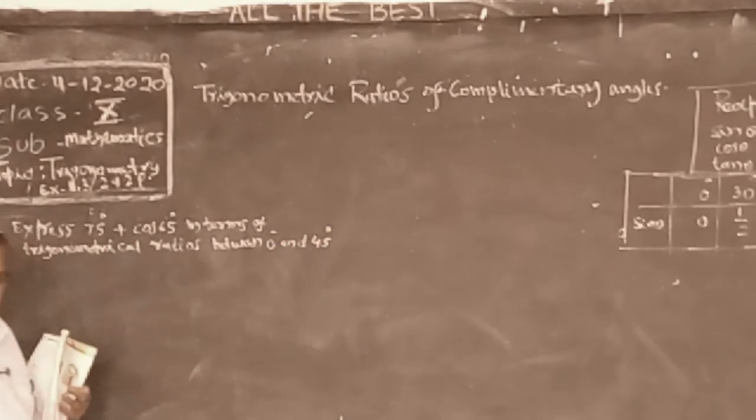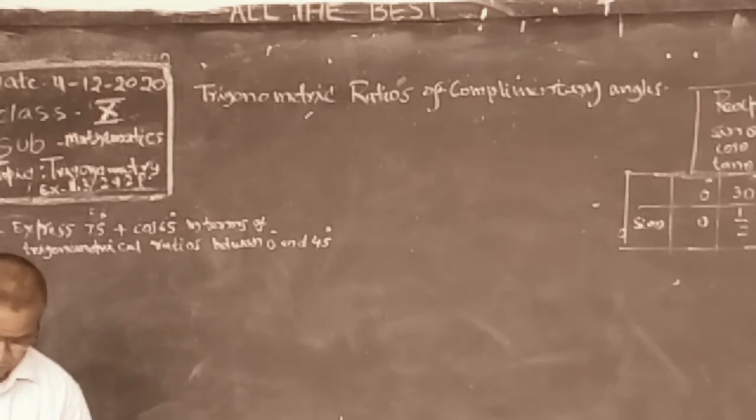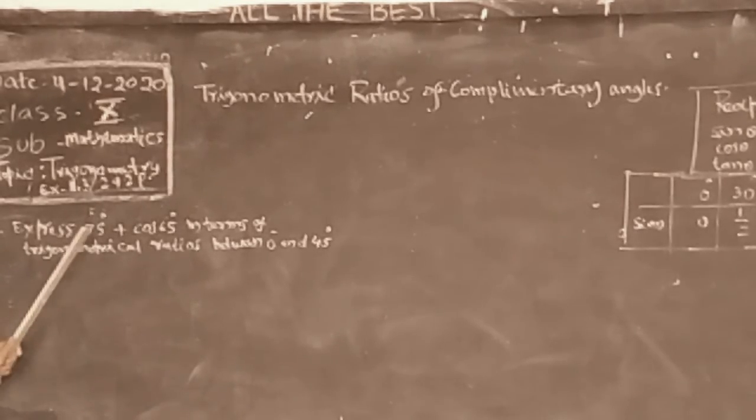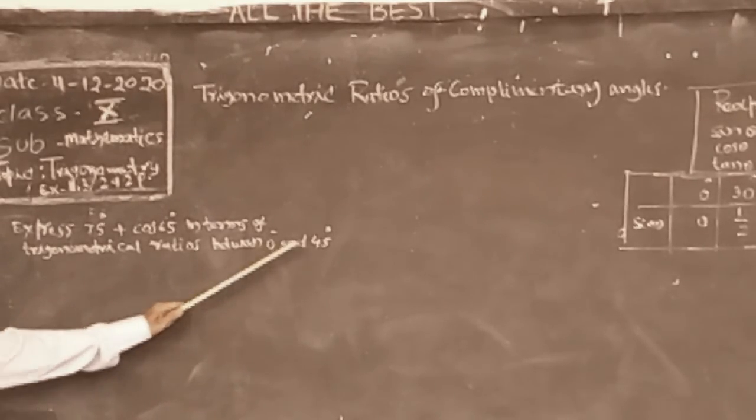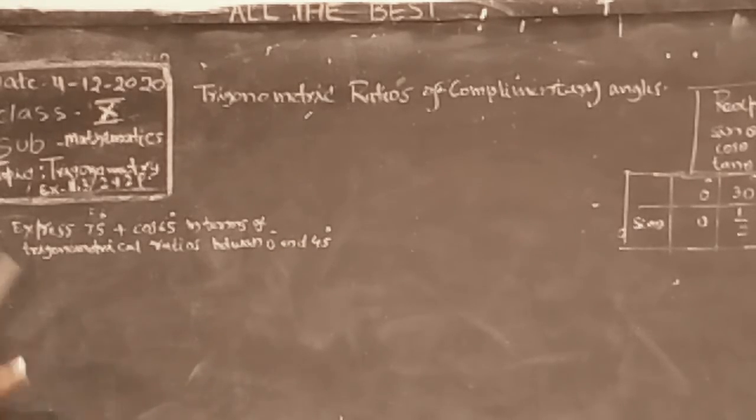To express, these angles are given: here 75 is given, here 65 is given. We have to reduce them into angles between 0 and 45. Easy.